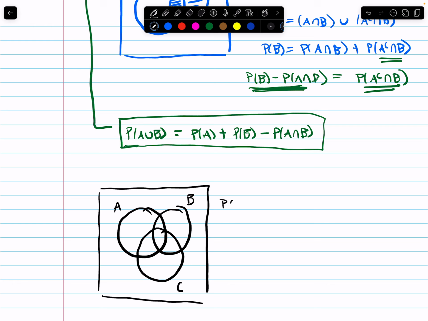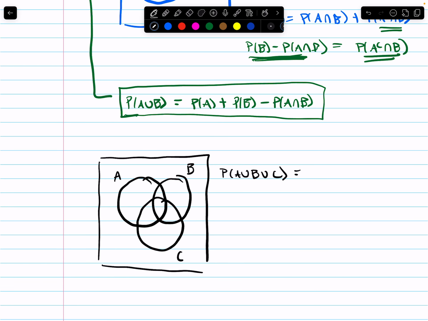And what we are curious about is the probability of A union B union C. Well, we could systematically write all of these as the union of disjoint pieces and sum them up, but it might be quite tedious. And in practice, that is also tedious. What would be nice is if we could not worry about it, add up all of A, all of B, and all of C, and then deal with the overcount.